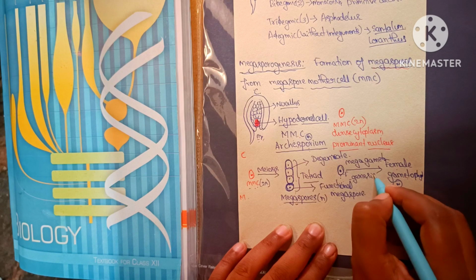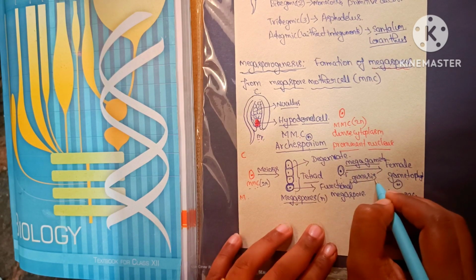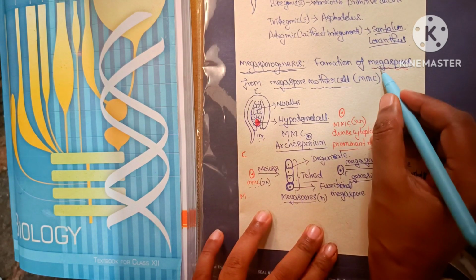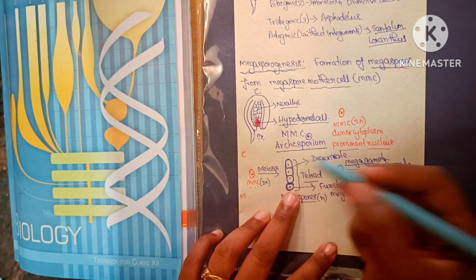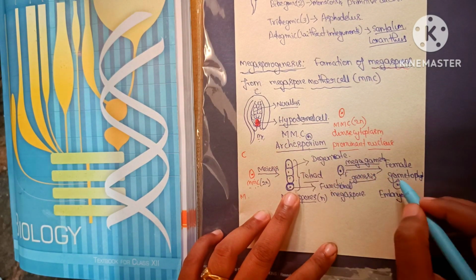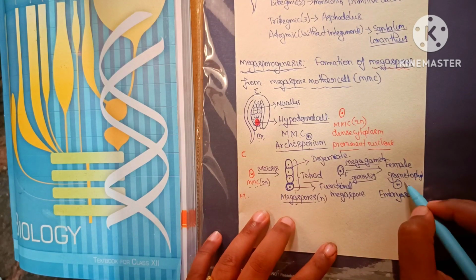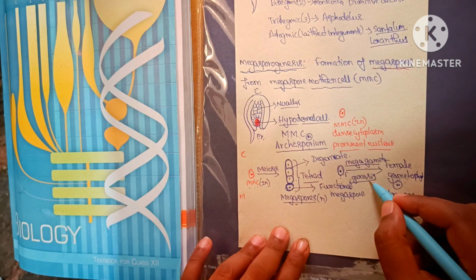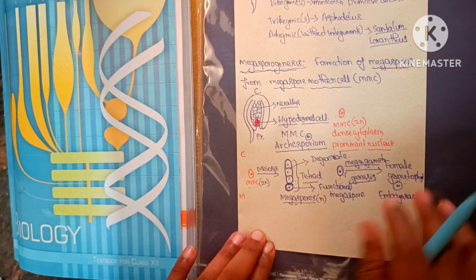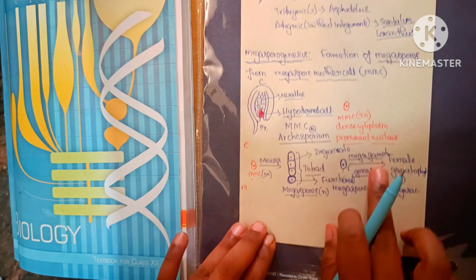So remember, what is megasporogenesis? Process of formation of megaspore from megaspore mother cell. Now, from functional megaspore, the process of formation of female gametophyte or embryo sac is called megagametogenesis. Okay.